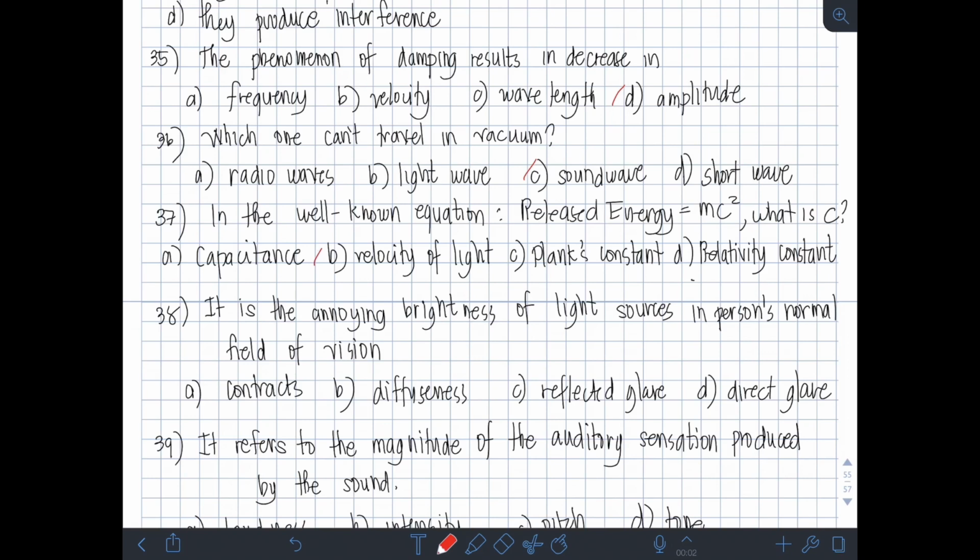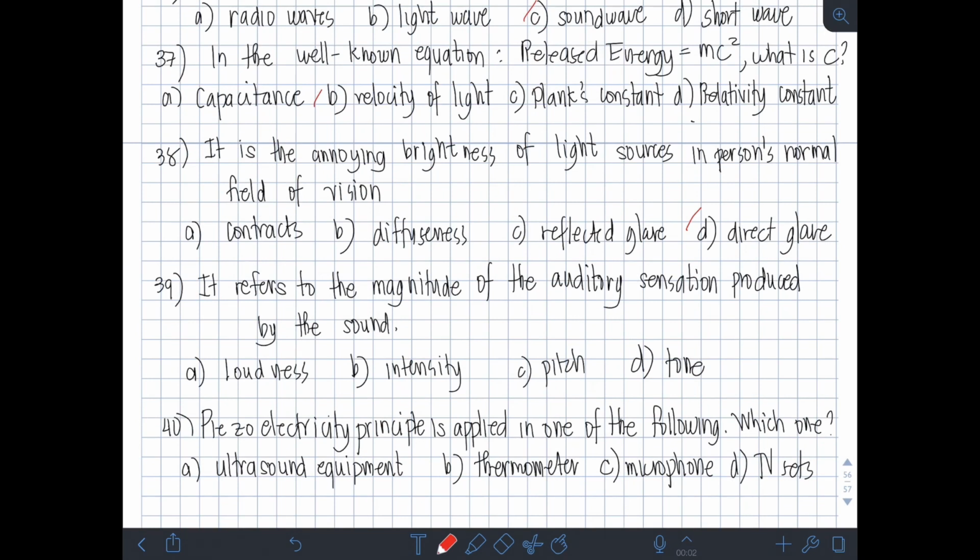38. It is the annoying brightness of light sources in person's normal field of vision. A. Contrast. B. Diffuseness. C. Reflected glare. D. Direct glare. The correct answer is letter D. Direct glare. 39. It refers to the magnitude of the auditory sensation produced by the sound. A. Loudness.